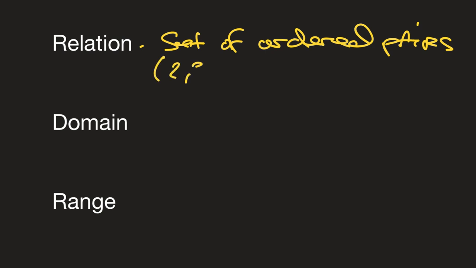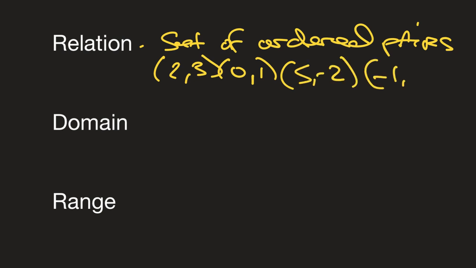Ordered pairs of numbers. 2, 3, 0, 1, 5, -2, -1, 6. It's basically how X values relate to Y values. Okay, so that's basically what a relation is, all right?